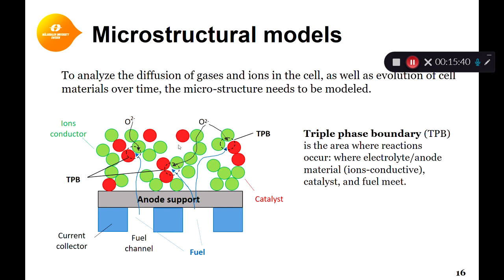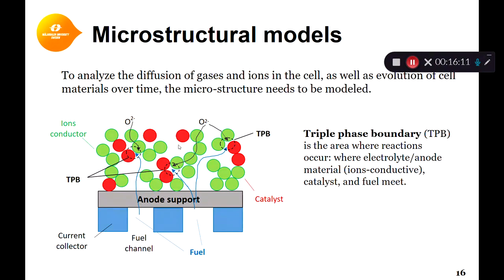Another type of modeling is at the microstructural level. This allows us to analyze the diffusion of gases and ions in the cell, and also to study the evolution of the materials that constitute the cell over time. If we zoom in to the size of a molecule, we can define the triple phase boundary.